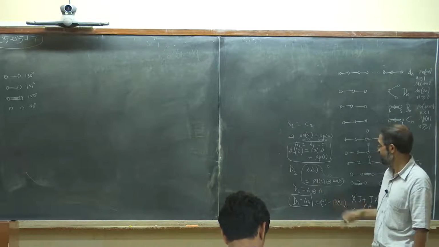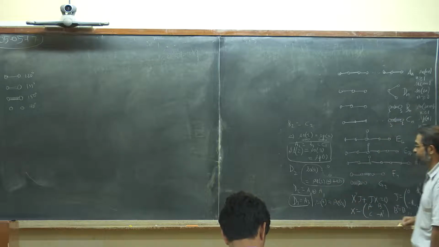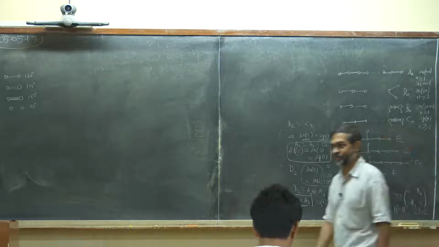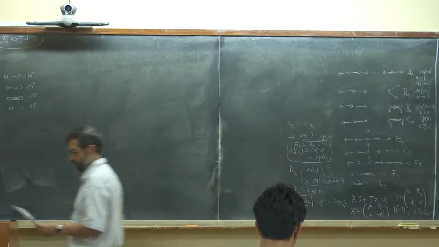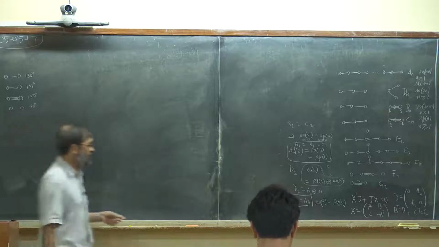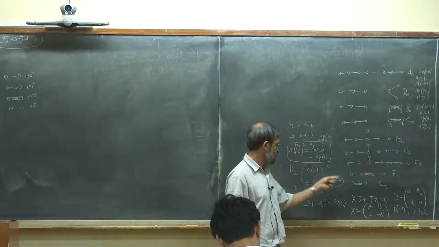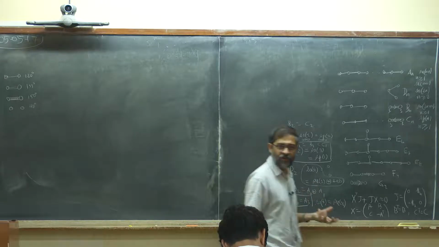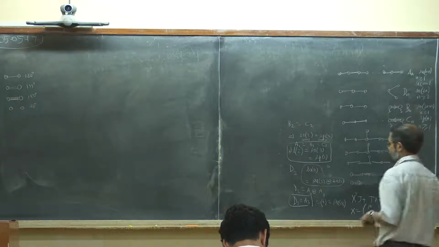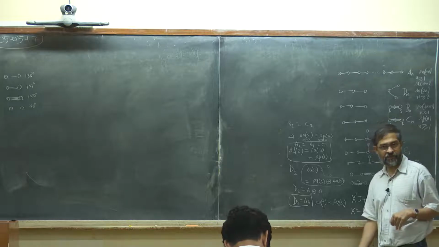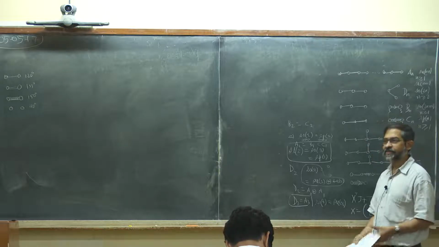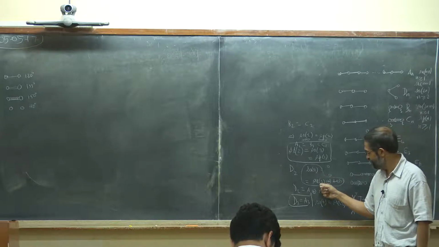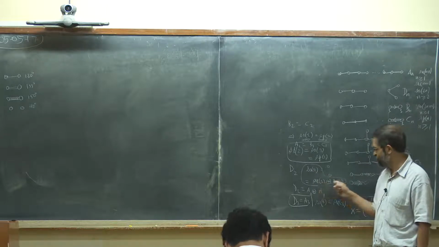In my days I used to read Schiff, which has a very nice description of this SU2 plus SU2 characterization of the hydrogen atom. And as I said, if you Euclideanize the Lorentzian algebra, then the description of Dirac spinors becomes particularly easy, because the SO4 spinors are nothing but one SU2 spinor and another SU2 spinor.